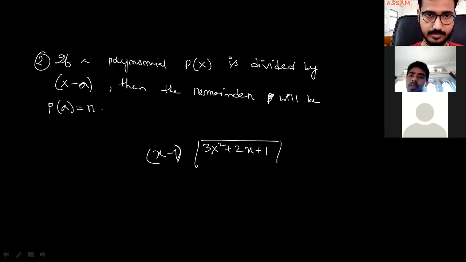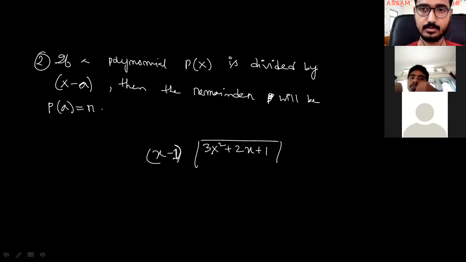When you put the value 1 in this equation, the value which you get is the remainder. Now see, you have already found in class 9 remainder theorem that if x minus 1 divides 3x square plus 2x plus 1, then you have to put what? x equal to 1 or minus 1.